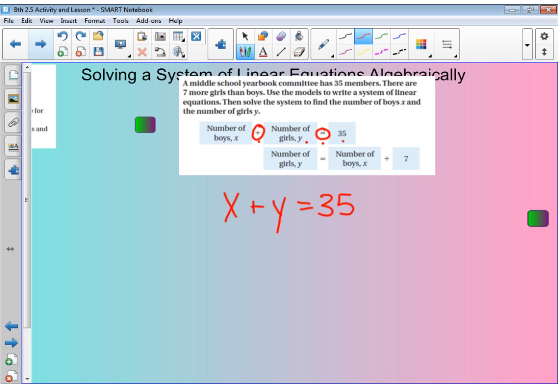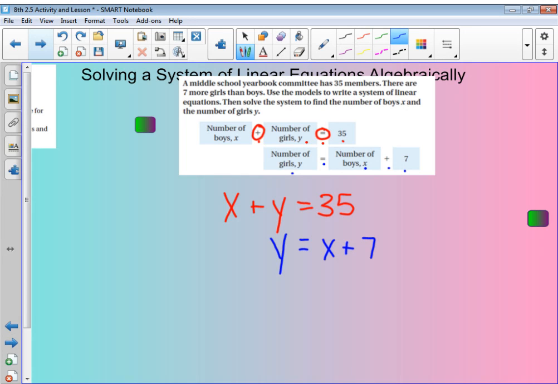So there's our first equation. Our second equation, we've got our number of girls, which is Y, equals the number of boys, which is X, plus 7. So there I have my 2 equations.